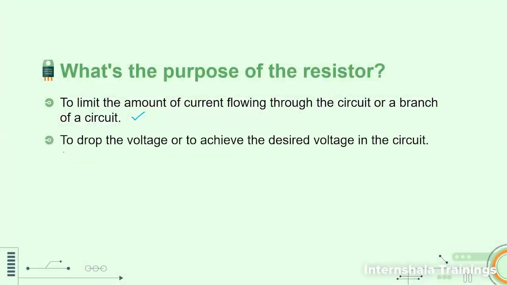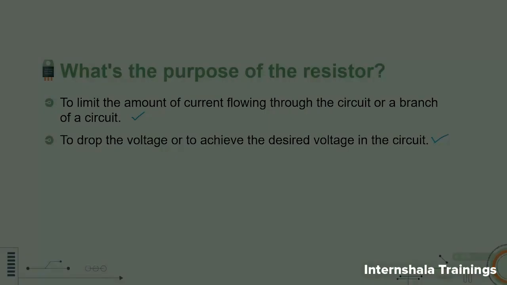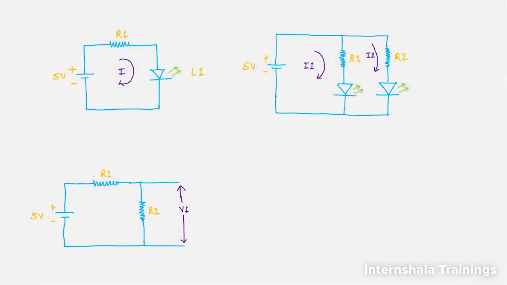After that, the second purpose is to drop the voltage or to achieve a desired voltage in the circuit. Let me explain this point. In this circuit, resistors R1 and R2 are responsible for dropping the voltage. On the input side, the voltage is 5 volts.